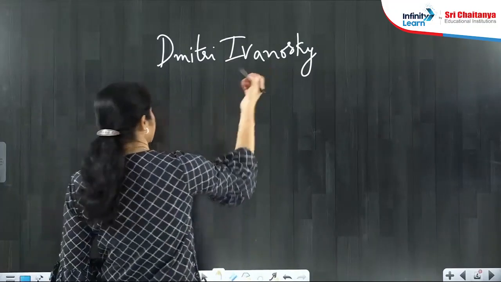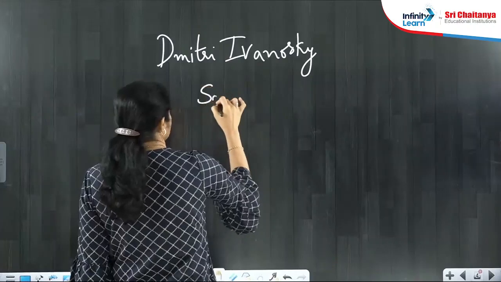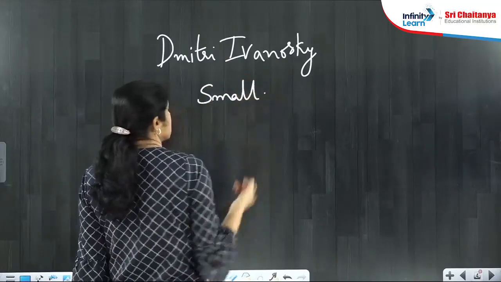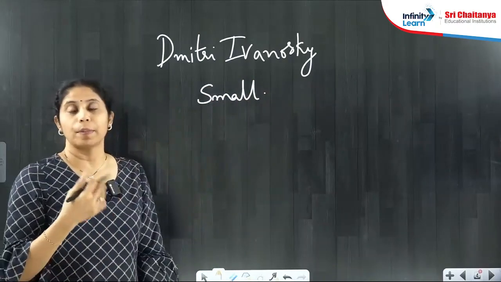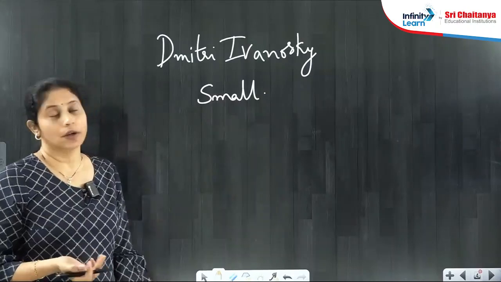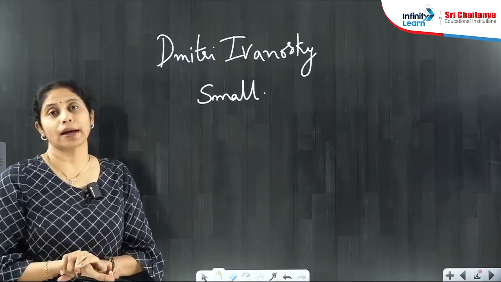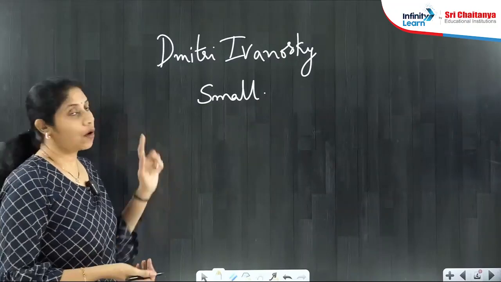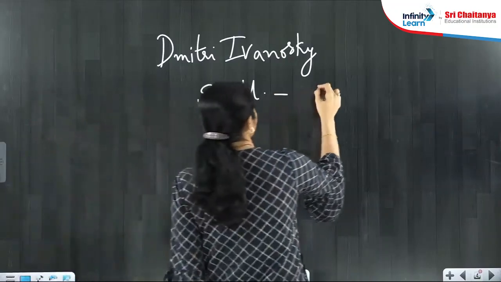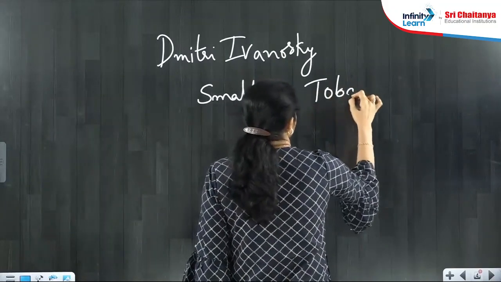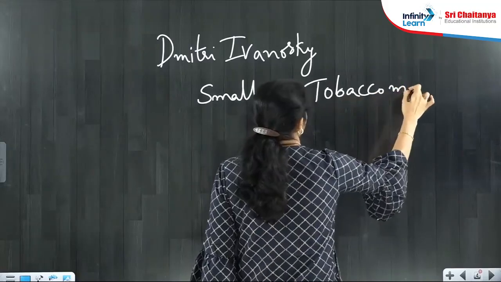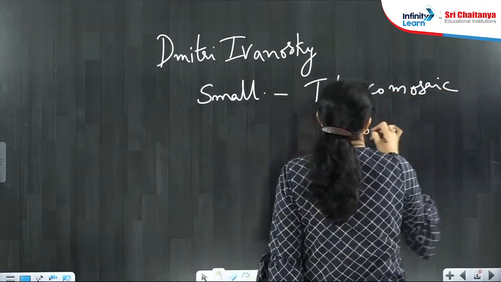These are identified by Ivanovsky for the first time. Small particles, smaller than bacteria, they can pass through the bacterial filters. So, Ivanovsky first observed that viruses can pass through the bacterial filters, and they caused the disease called tobacco mosaic disease. That is a causative agent of tobacco mosaic disease.